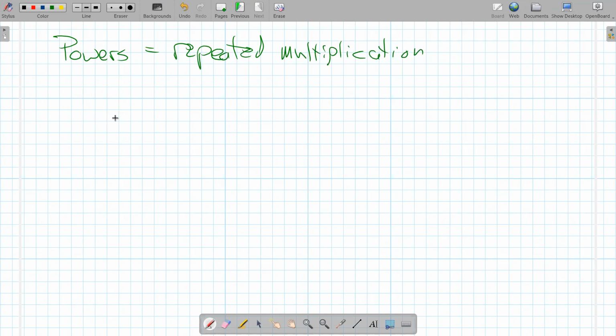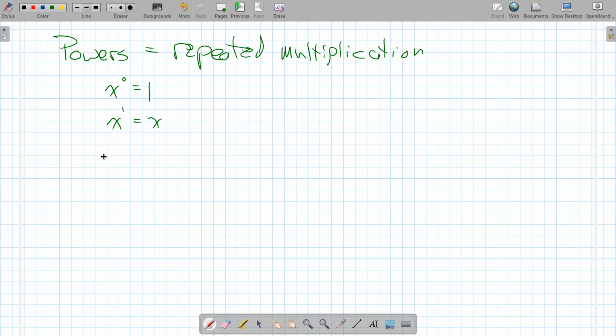And they have a base and a power, or the exponent, like we talked about before. And then there's some basic things, like if we take almost any number to the power of 0, we're going to get a 1. If we take any number to the power 1, we're going to get that same number back.